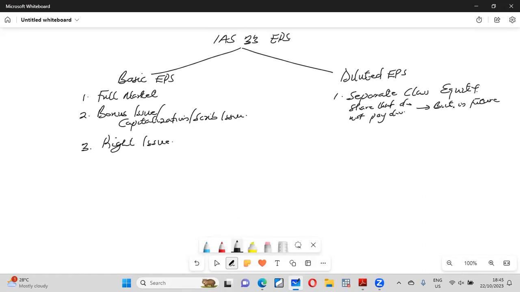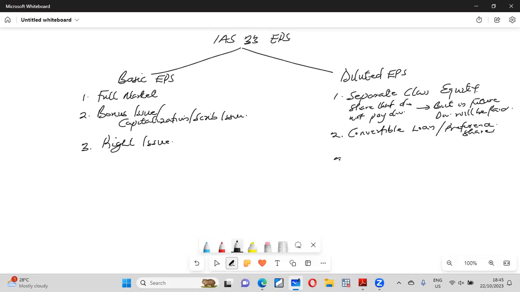So no dividend now, but in future, dividends will be paid. Then number 2, we talk about convertible loans and preference shares. We did those things in IFRS 9, if you remember, the convertibles. We will see its impact on the earnings per share.